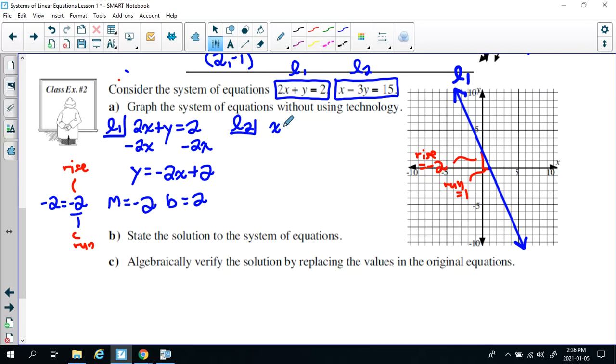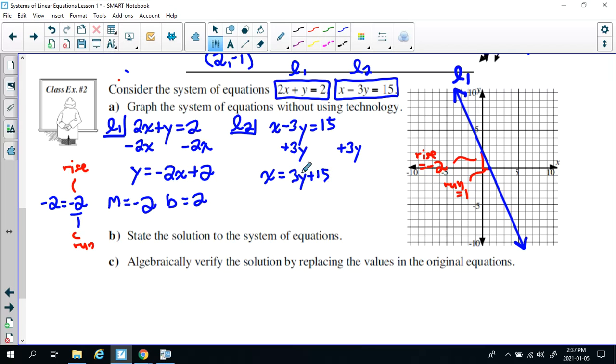Okay, so line 2. So I have x minus 3y equals 15. Now, in y equals mx plus b form, I want the coefficient in front of y to be positive. So this time around, I'm going to add 3y to both sides of the equation. Add 3y. So then this would be x is equal to 3y plus 15.